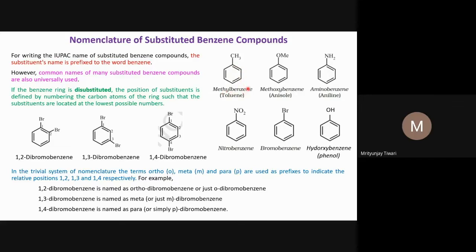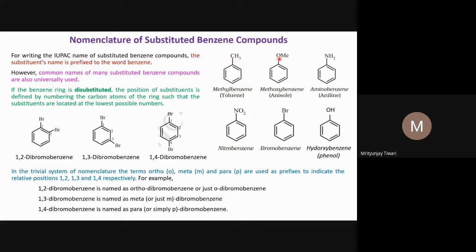There is no position isomer in this case if there is only one substituent. So it is methyl benzene, and this methyl benzene is also called toluene. Toluene is a common name, and this name is also accepted by IUPAC. So even in writing the IUPAC name, if you use toluene, that is also okay. Methyl benzene will be the other name for this compound.